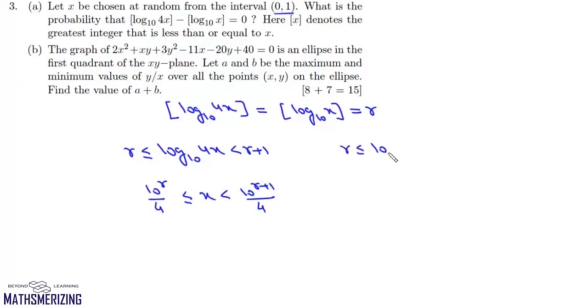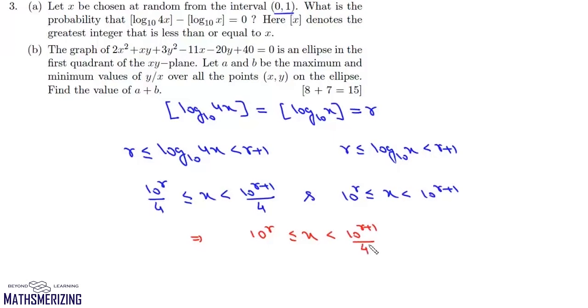Again, log x base 10 will lie between r and r plus 1. So x will be greater than or equal to 10 to the power r but less than 10 to the power r plus 1. Now there is an AND condition between these two results. So if we take the intersection of both the conditions, we get x should be greater than 10 to the power r, but it should be less than 10 to the power r plus 1 by 4.